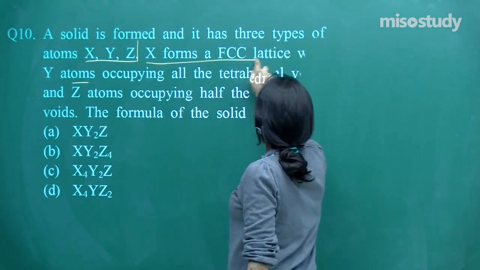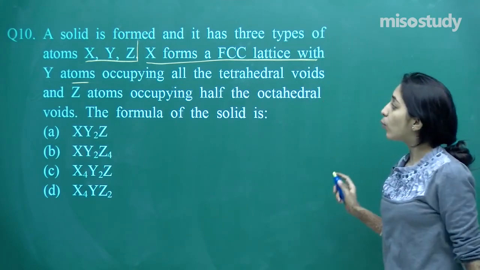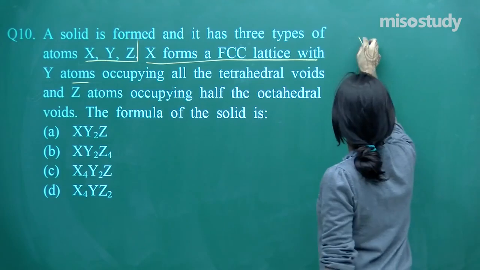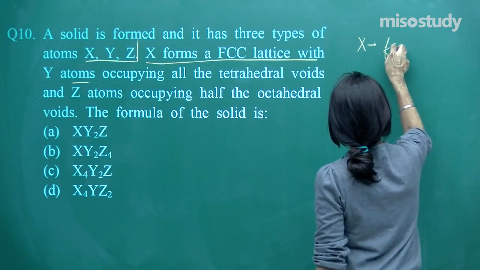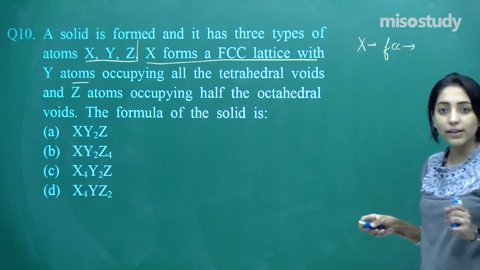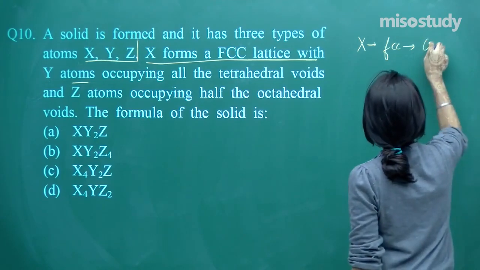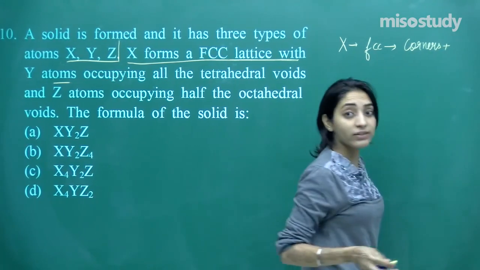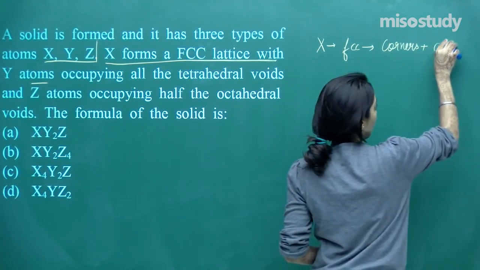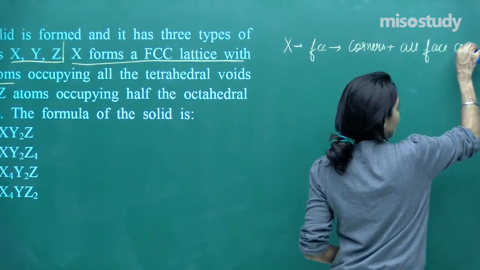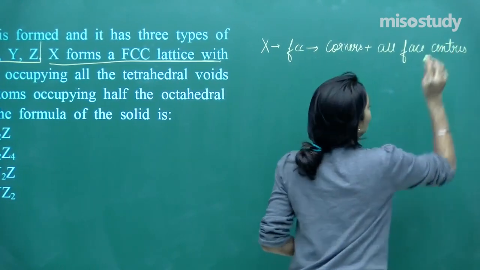X forms a face-centered lattice with, okay, so X is forming the face-centered cubic unit cell. So if X is forming the face-centered cubic unit cell, it must be present at the corners plus it should be present at all face centers, right?